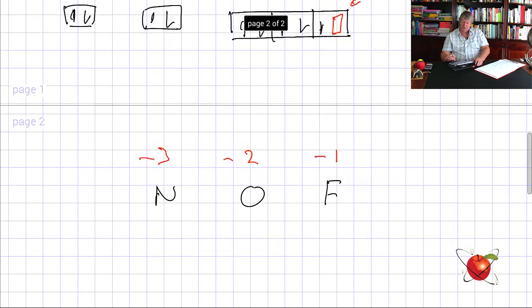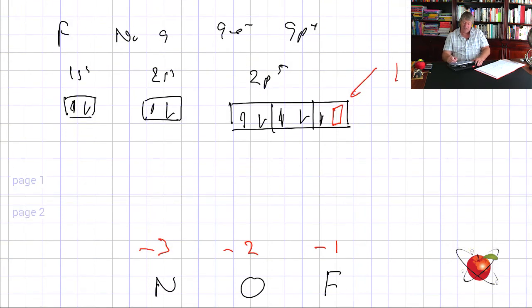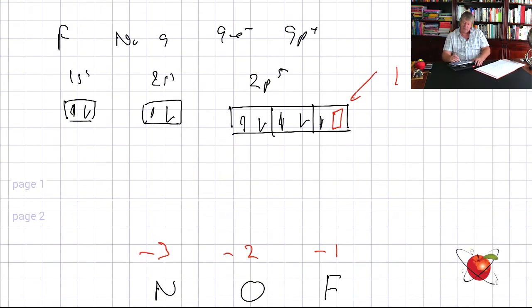Let's just go and have a look. If we put 1 in, just change the color, okay? If we add 1 electron, we are full up. Parking space full, no entry sign, which means I'm not going to react now. I am just like a noble gas or an inert gas.